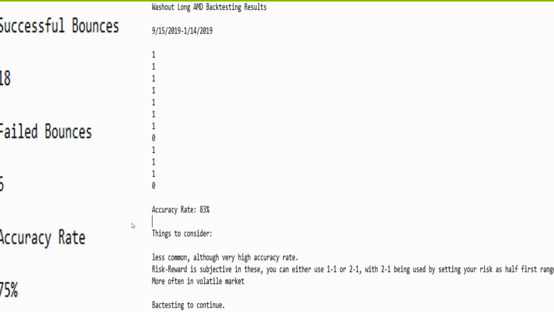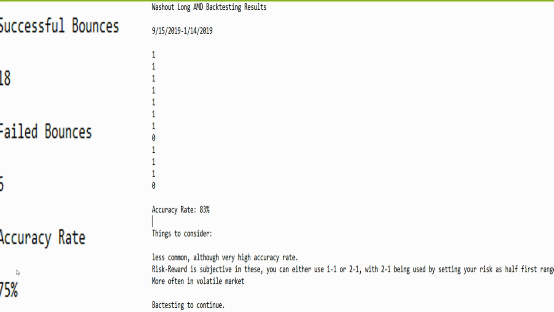I backtested it in February, up until I think the 20th of February, so from the 1st to the 20th with about 6 different stocks. The average accuracy rate for all of them was roughly 71% for the VWAP bounce. So it's actually been pretty accurate, more accurate than the VWAP fade lately.